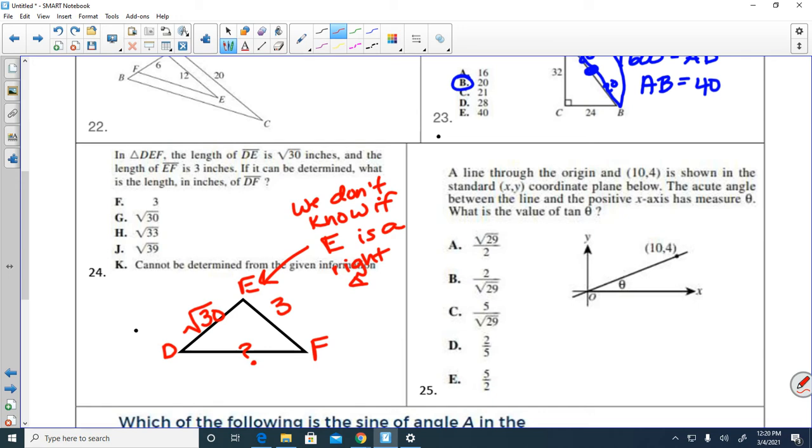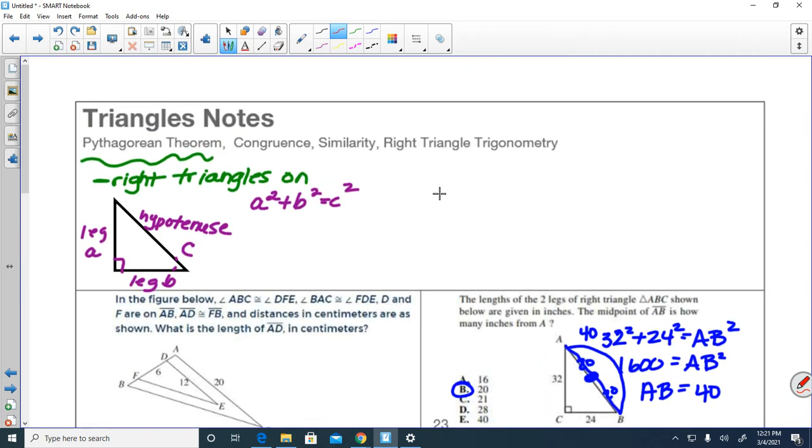Since we don't know that and we don't have information about any of the other angles, I cannot use the Pythagorean theorem, so I would choose option K. Now we will do the Pythagorean theorem a couple more times, but it does get embedded into some other ideas. So what are those other ideas? Well, one of those other ideas is right triangle trigonometry.